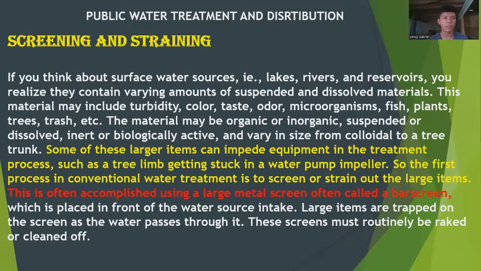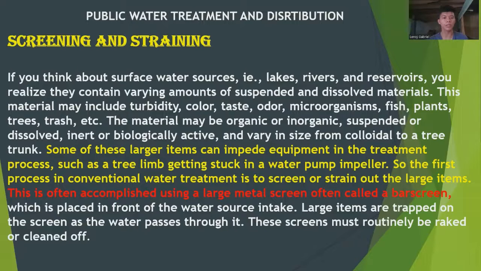These materials may include turbidity, color, taste, odor, microorganisms, fish, plants, trees, trash, etc. The material may be organic or inorganic, suspended or dissolved, inert or biologically active, and vary in size from colloidal to a tree trunk.